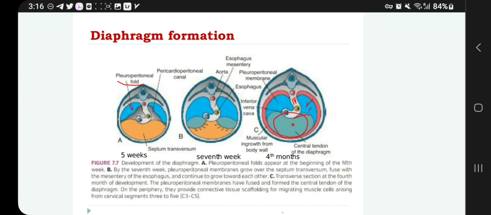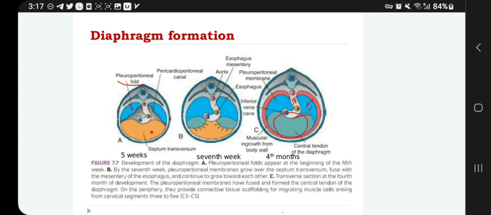So the diaphragm develops from the pleuroperitoneal fold, the esophagus mesentery, and myoblasts of the thoracic wall. But what is the role of the septum transversum?